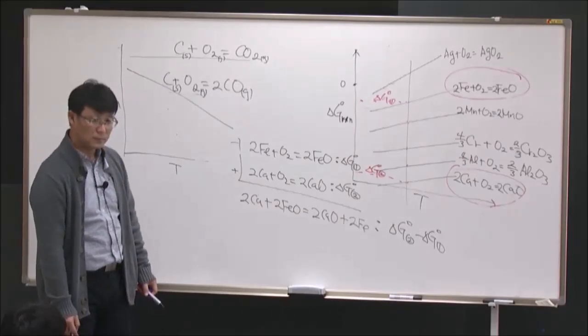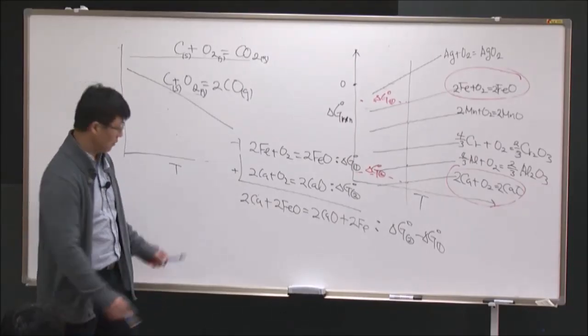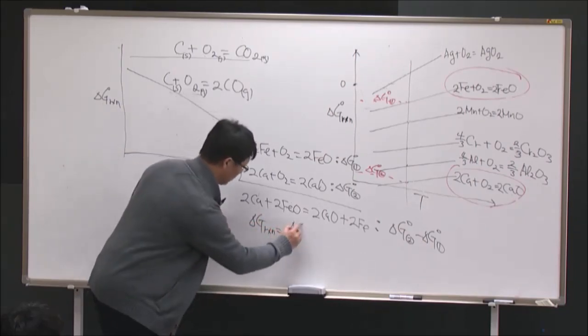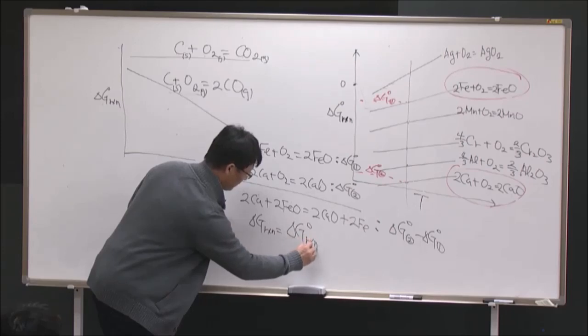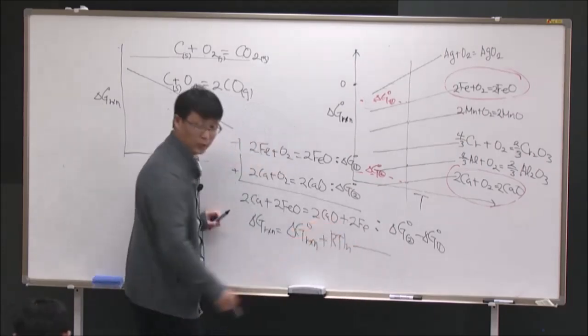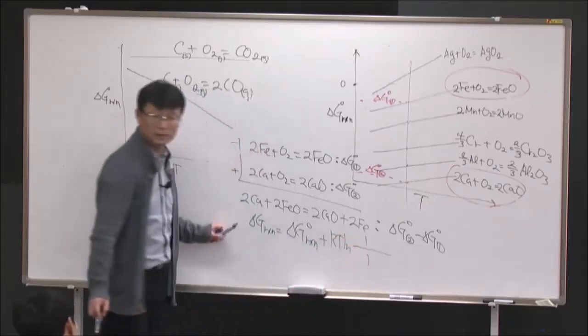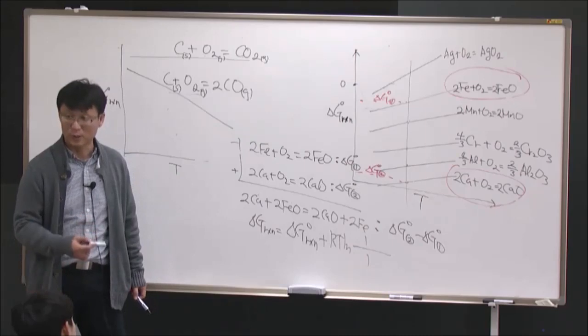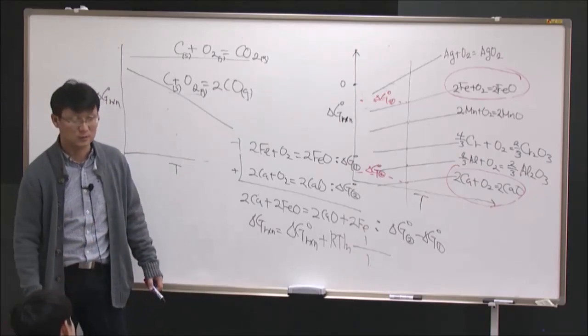Okay? And delta G of reaction equals delta G naught of reaction plus RT ln of partial pressures or activities. There's no partial pressure involved now. Everything is solid or liquid, a pure stoichiometric phase.